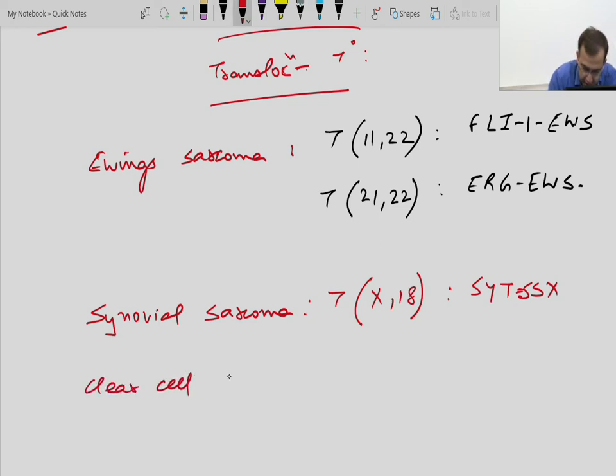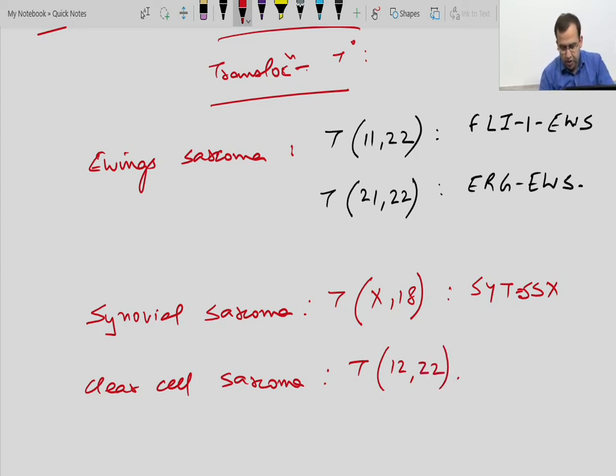We are writing the important ones, that is translocation 12;22. Remember 22 has EWS, so this is the EWS-ATF1 gene.